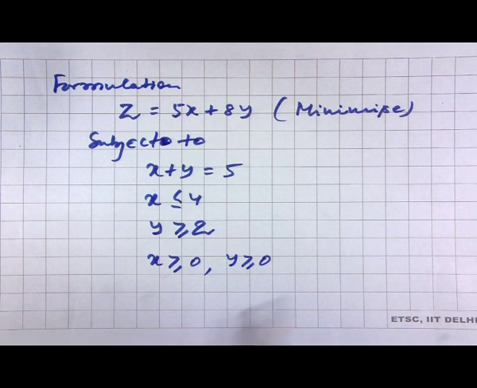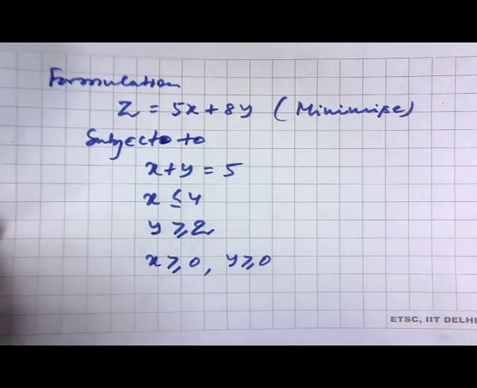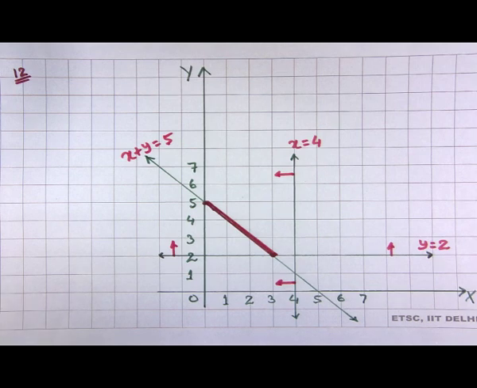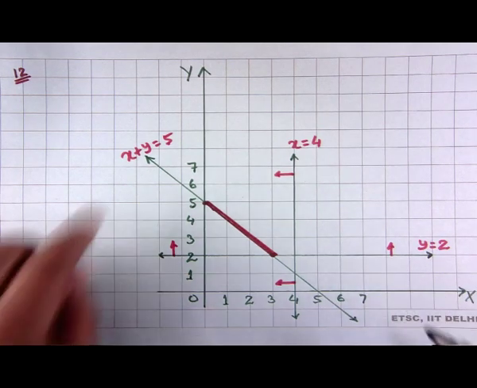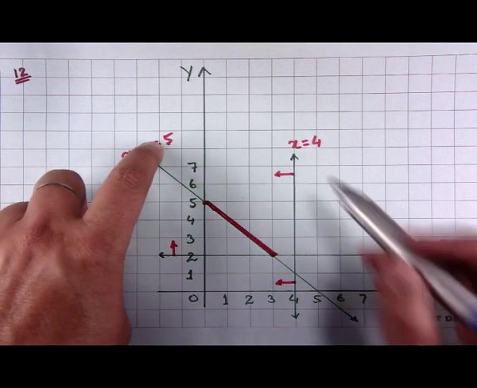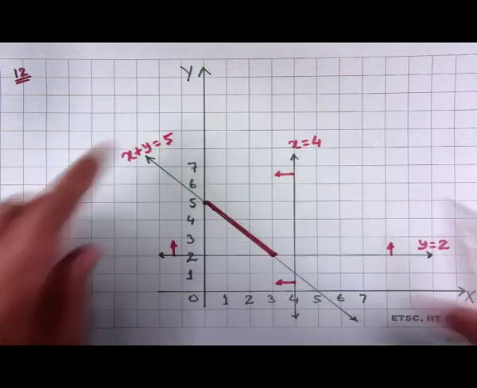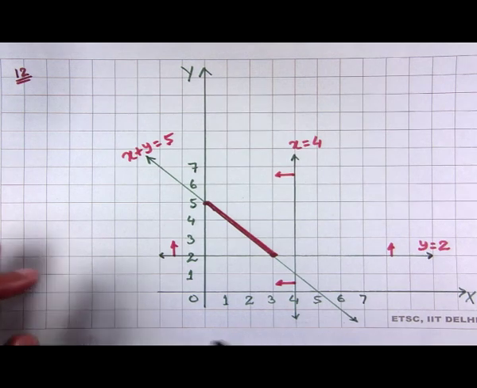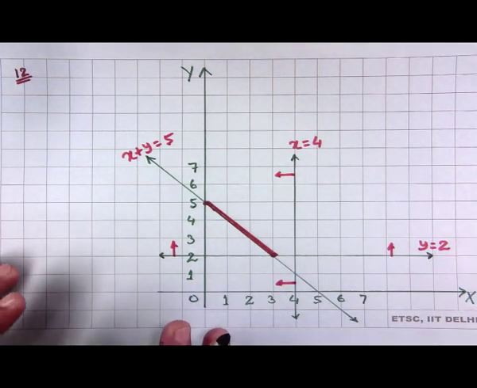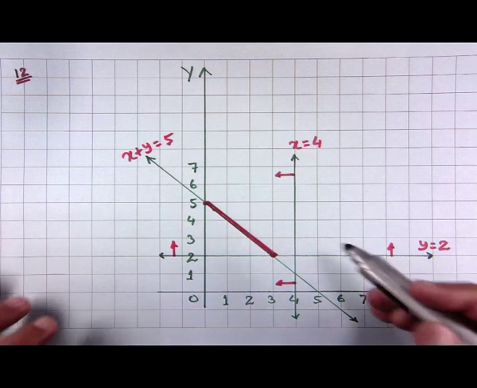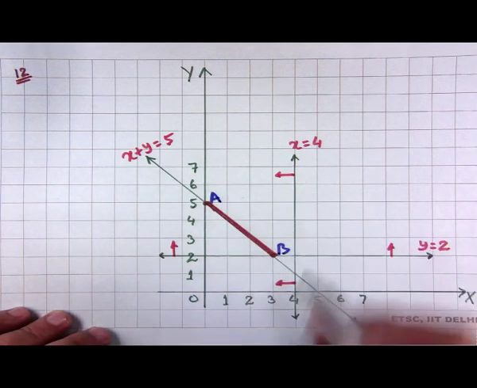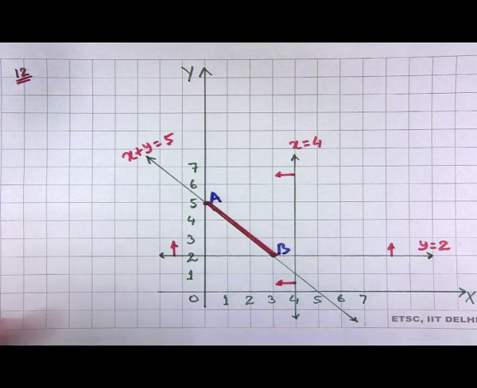So, when we plot the graph of these constraints, we will get the graph like this. x plus y equal to 5, x less than or equal to 4 means left of x equal to 4, y greater than or equal to 2 means above y equal to 2. So, considering all these conditions, we get the feasible solution on line AB only.